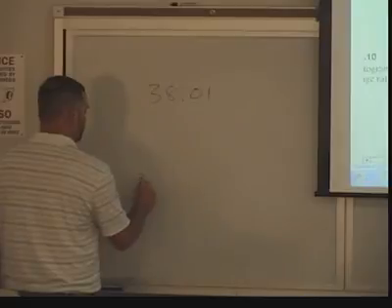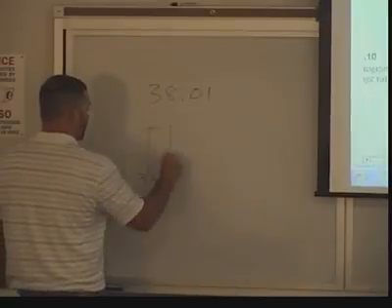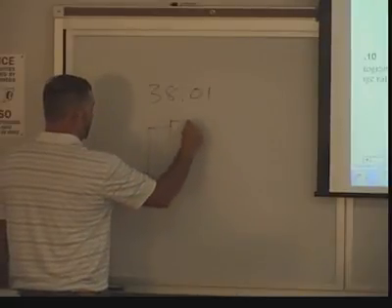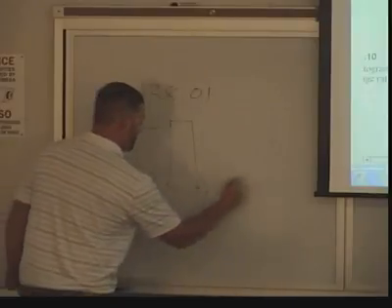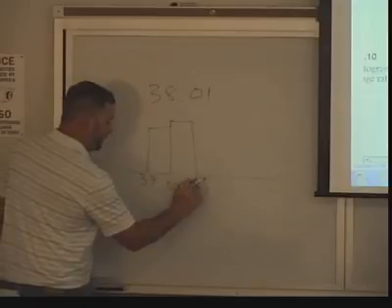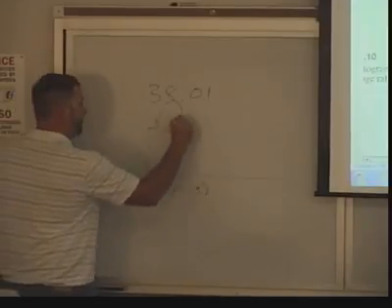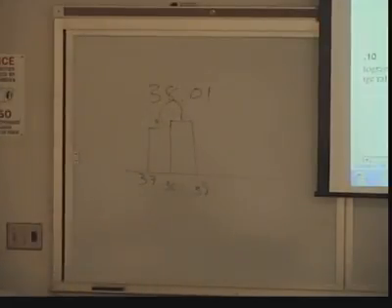Would it go into the 37 column? Would this observation go into the left-hand bar or the right-hand bar? The right-hand bar. Exactly. It would definitely go in there.